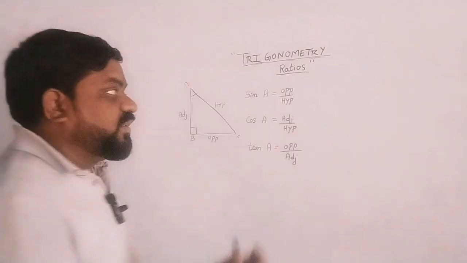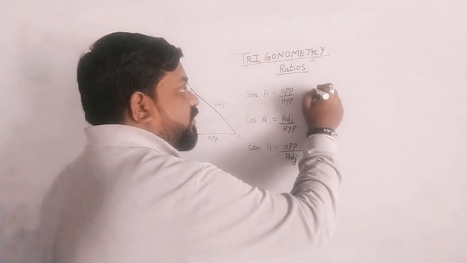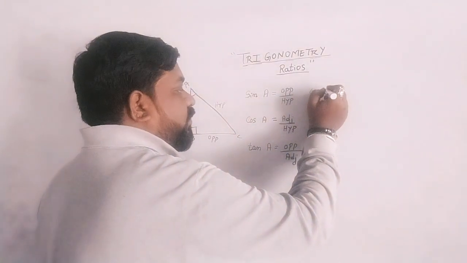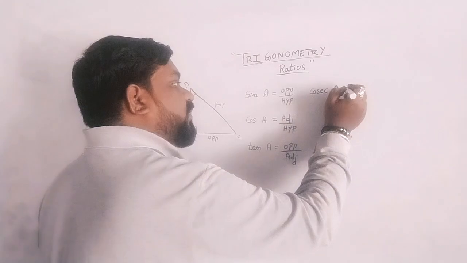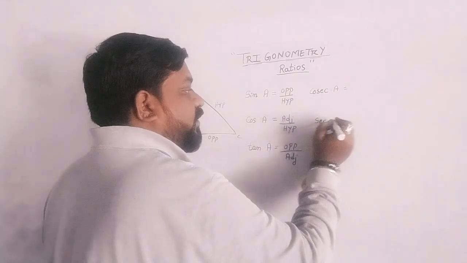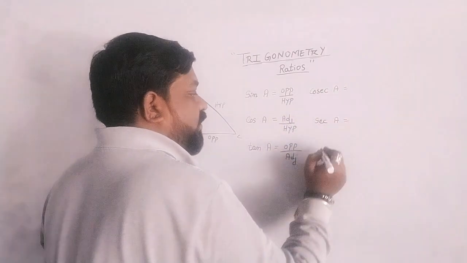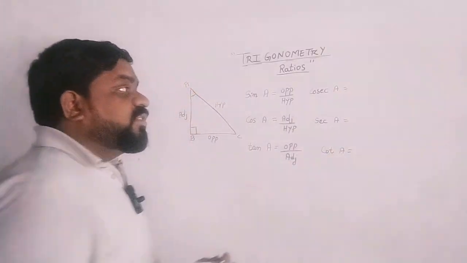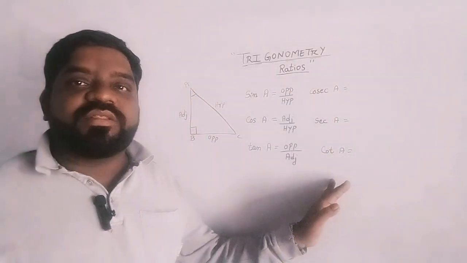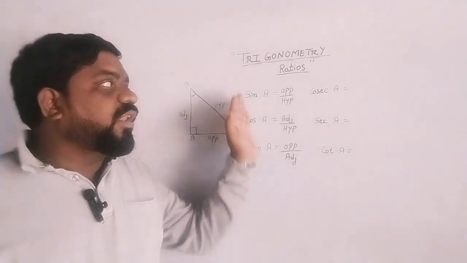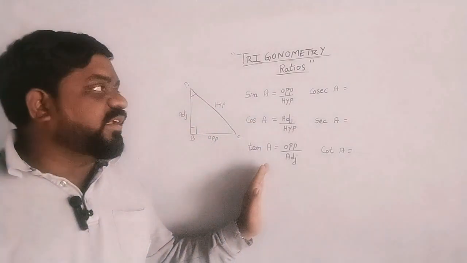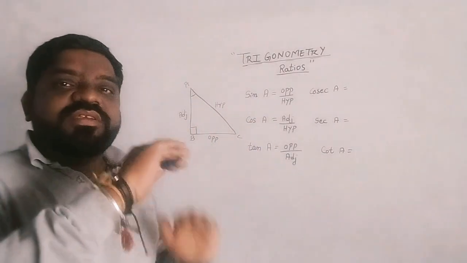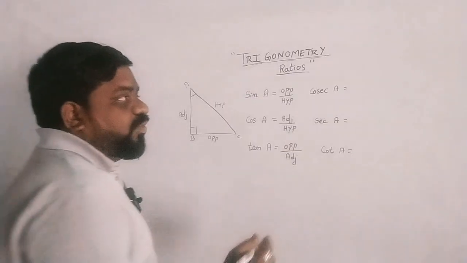Next, the remaining 3 ratios, that is cosec A, sec A, and cot A. So these 3 ratios are the reciprocals of the first 3 ratios. Reciprocal means just reverse the numerator and denominator.